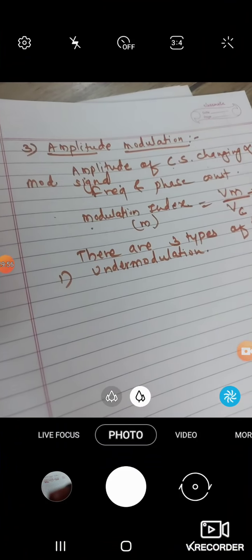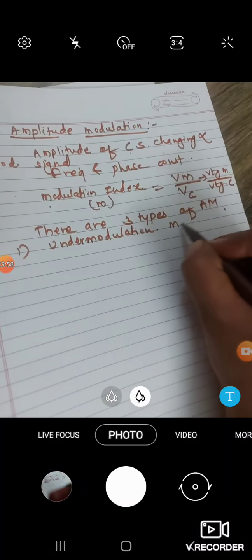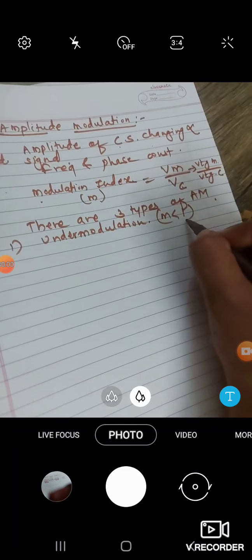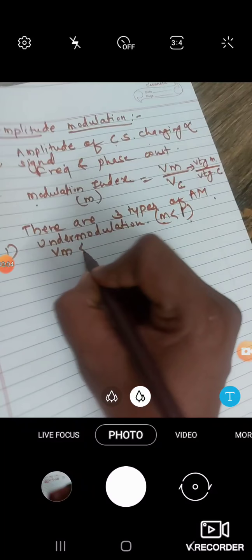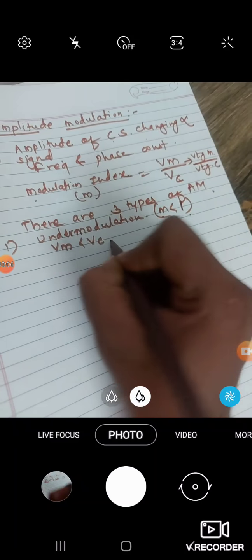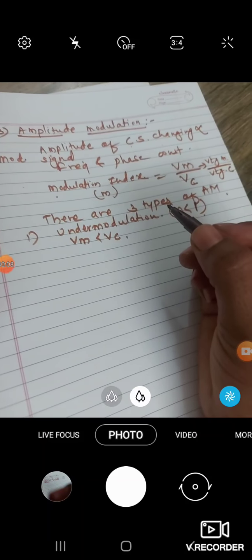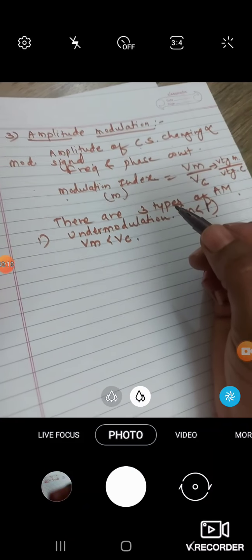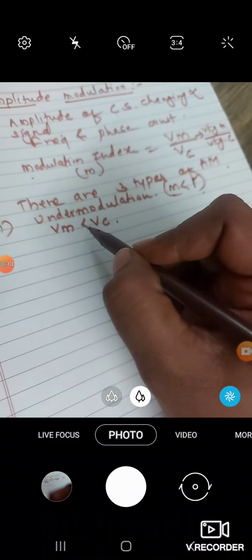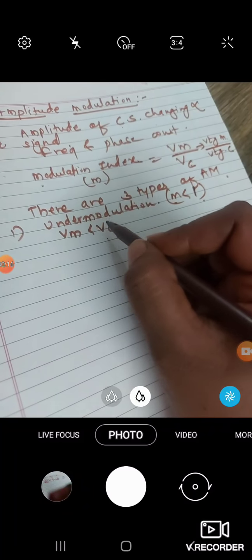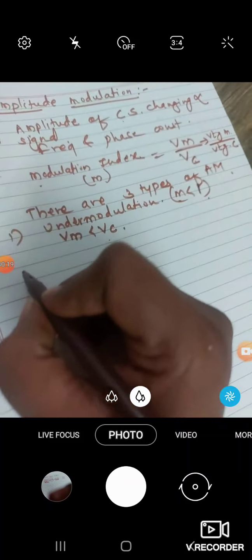In under modulation the condition is m is less than 1. मॉड्युलेशन इंडेक्सची व्हॅल्यू ही 1 पेक्षा कमी असते. So Vm will be less than Vc. When you have to draw the diagram of under modulation, you have to take the value such that Vm is less than Vc. That is the concept of under modulation.